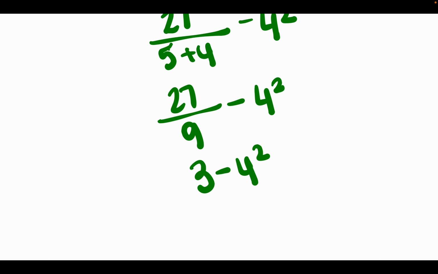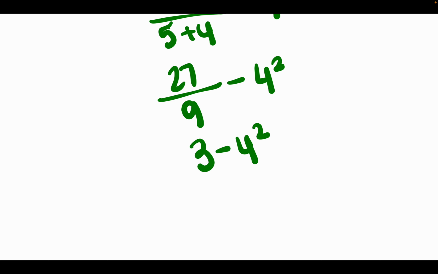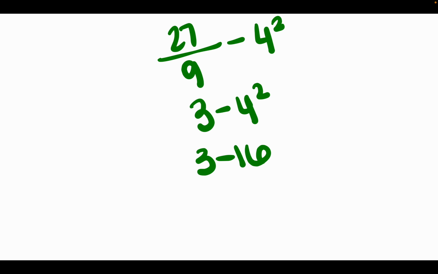Okay, so we got rid of our grouping symbol. Now we do our exponent. So 4 squared is 16. So we have 3 minus 16.